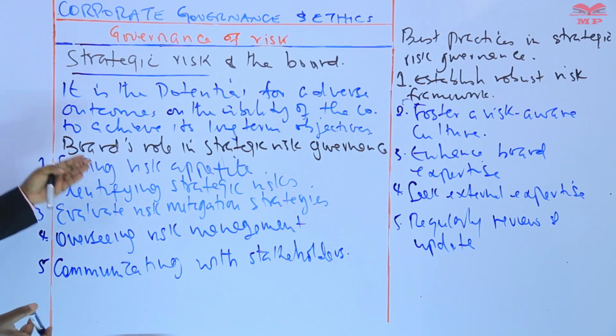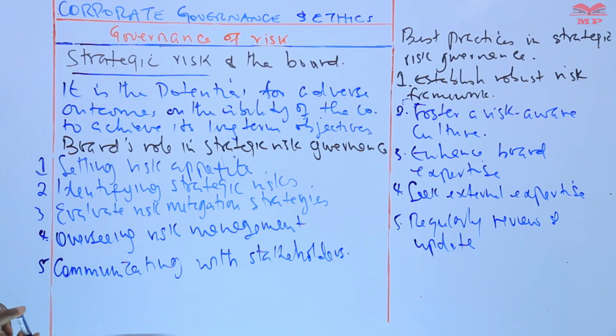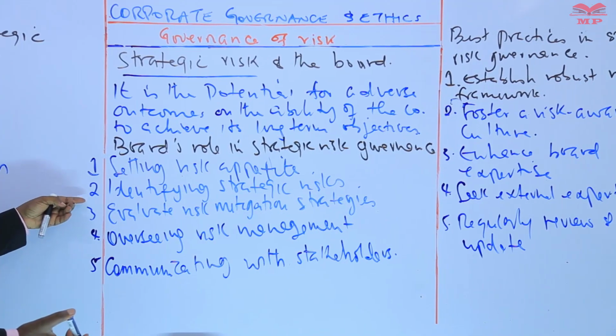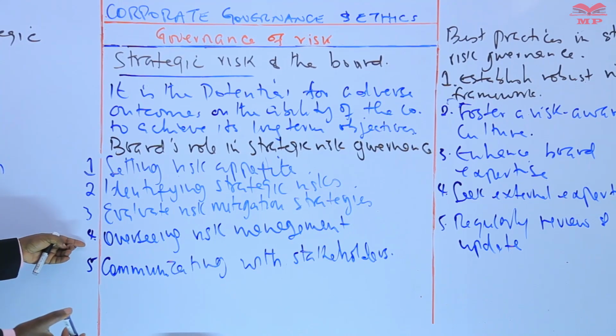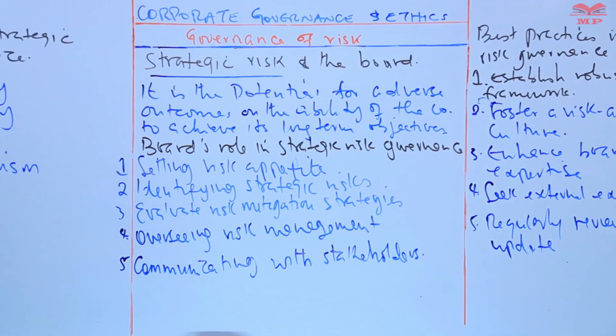Then we outlined the role of the board in strategic risk governance. Four roles. One, setting risk appetite. Two, identifying strategic risks. Three, evaluating risk mitigation strategies. Four, overseeing risk management. And lastly, communicating with stakeholders.